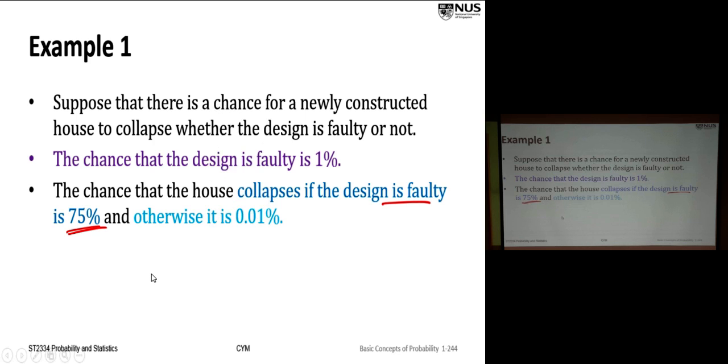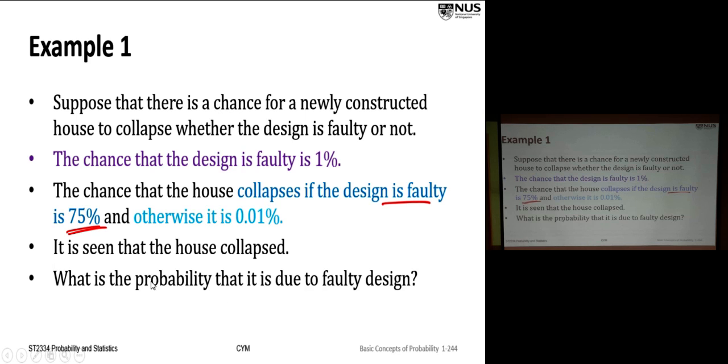Usually you have this sequence. First of all, you design the house and then build the house. Collapse will only happen when you have the house, so collapse is in the later stage. Now we see the outcome in the later stage, the house collapsed. So you ask yourself, what is the chance that the design is faulty?